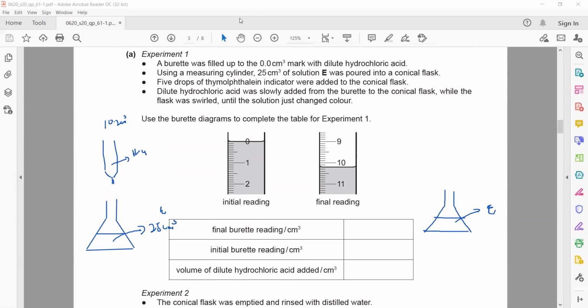And how much do we need for a complete reaction of the same substance? Now we need 20.4, approximately double the volume.